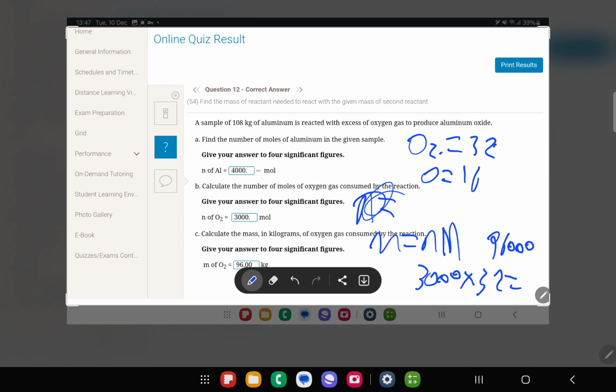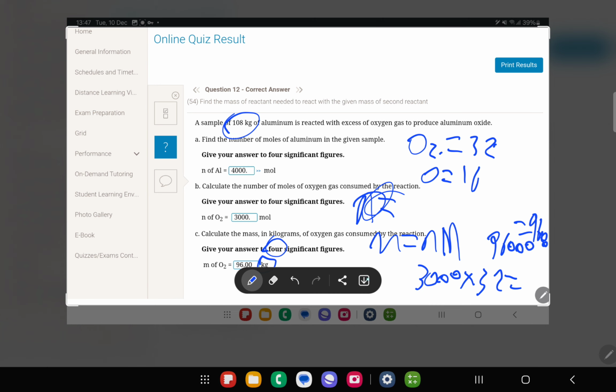Okay, but then they want it in kg. Since we already converted to G in the first part, we have to convert it back to kg. And by doing that, we just divide by 1,000. So 96,000 divided by 1,000 is 96.00, and they wanted 4 significant figures, so we add 2 zeros.